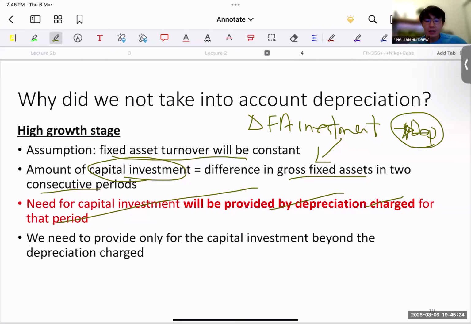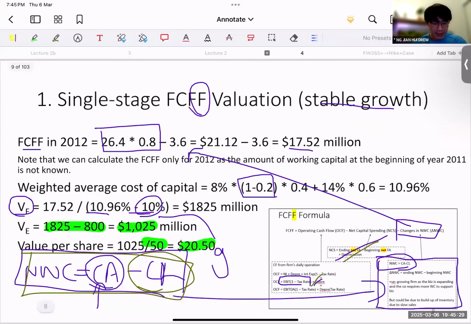So I'm just going to highlight to you how this works. Let's say this is depreciation, minus the change in fixed asset.